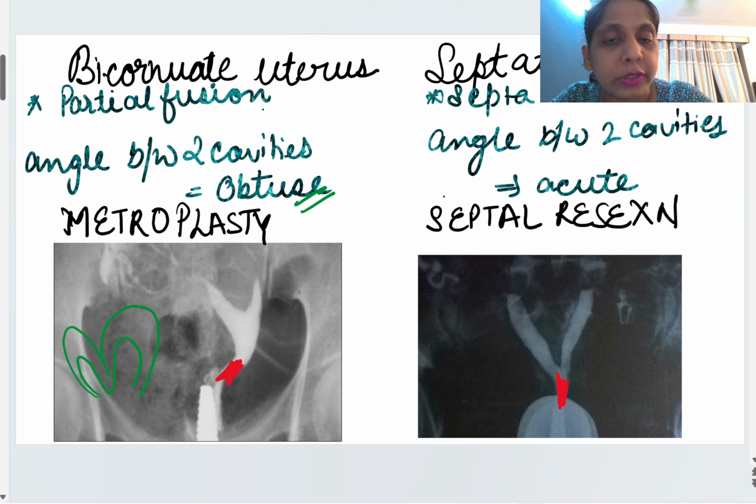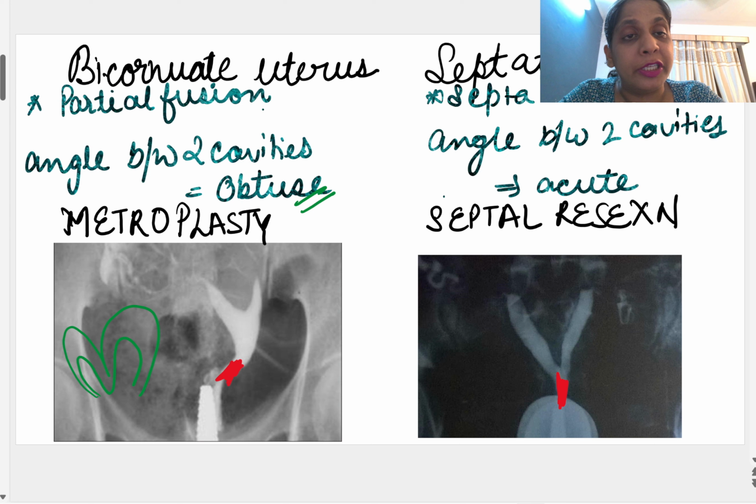So the treatment of bicornuate uterus is metroplasty, and the treatment of septate uterus is septal resection. Okay, so this has come in NEET PG 22. This question has come, so high chances are there it can be repeated, it can come in your exam.